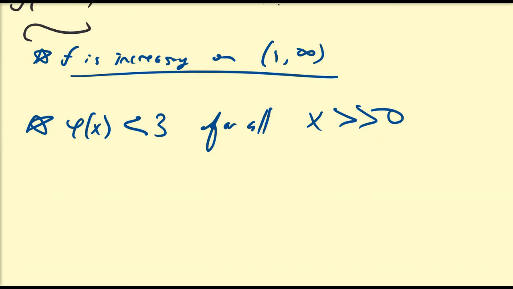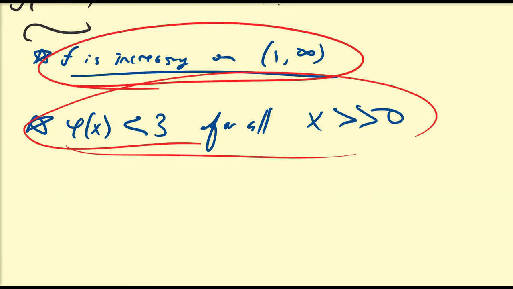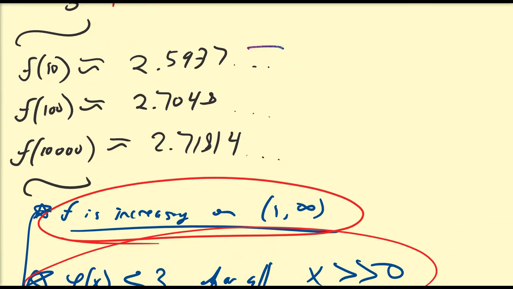So that means the function is always increasing and always less than 3. This is another way of saying that the function is bounded above. There's a property in real analysis, and you can prove this on your own, that if these two things are true, then as x goes to infinity, f(x) is going to get close to some c that is less than 3. And you can look at these decimal values and see it's definitely getting close to something like 2.71 something, right?